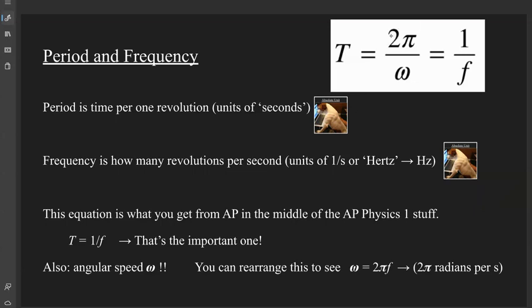Essentially, this is the amount of time that it takes, and that's how fast you're going through it. It's kind of like your angular distance over time, and then remembering that you can also do 1 over frequency to get the period, or you can do 1 over period to get the frequency as well.